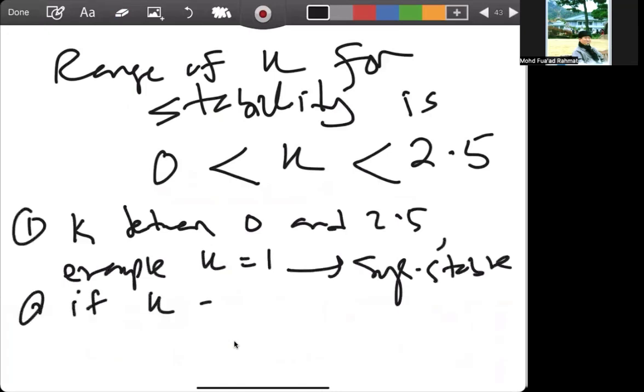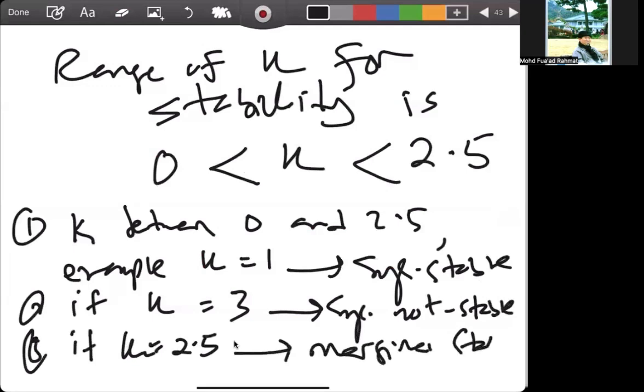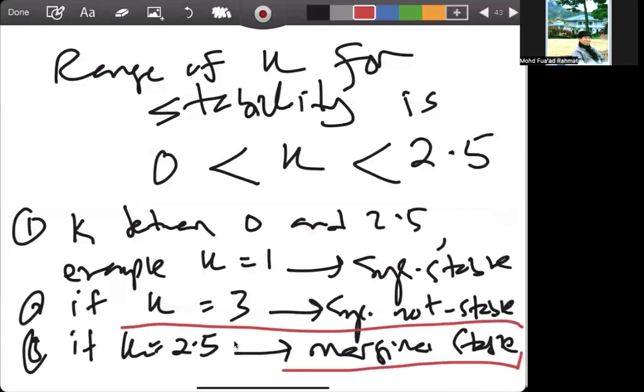If k is equal to 3, the system is not stable. But if k is equal to 2.5, it is marginally stable. This is very important, because this is the keyword. You use the value of k to solve the omega n value.